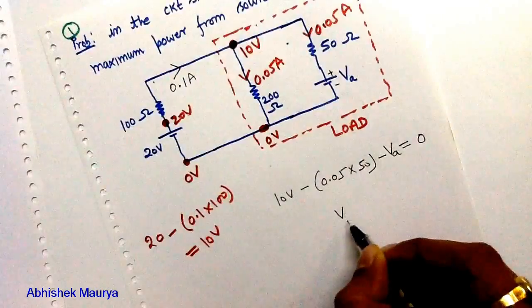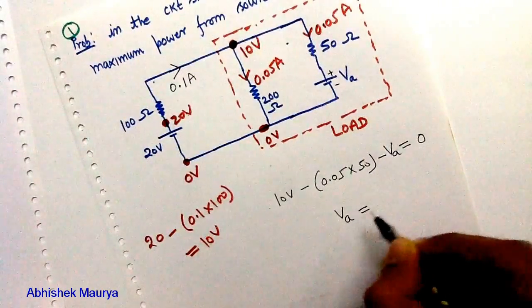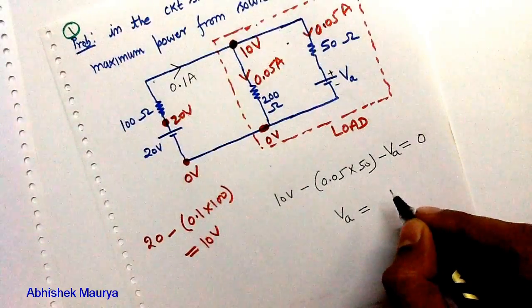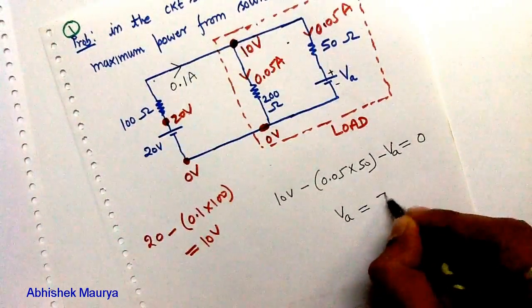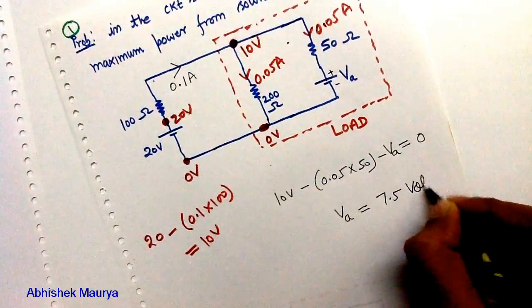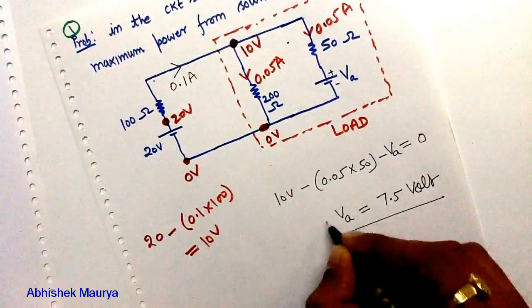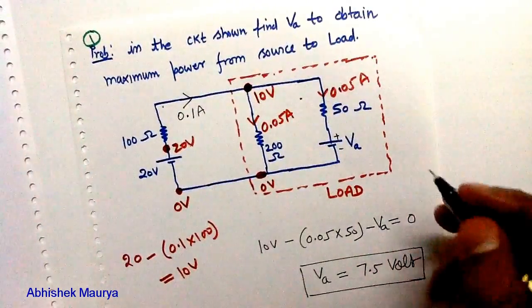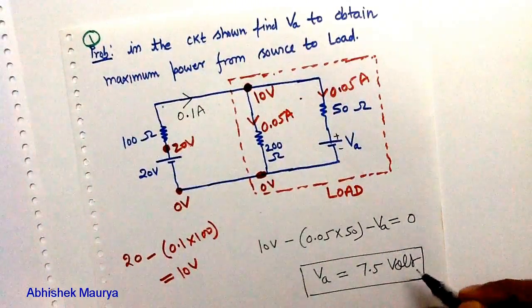If you solve this equation, you will get VA equals to 7.5 volt. So the answer of this question is 7.5 volt.